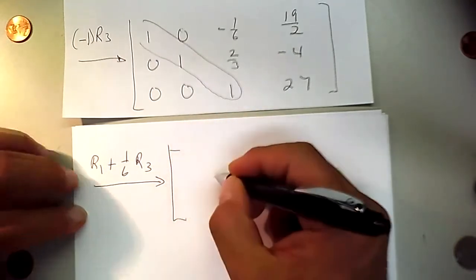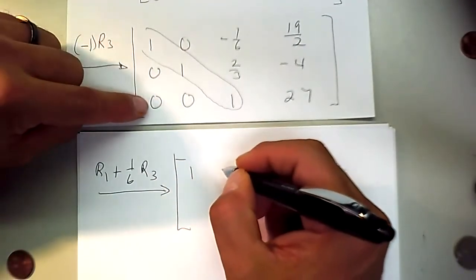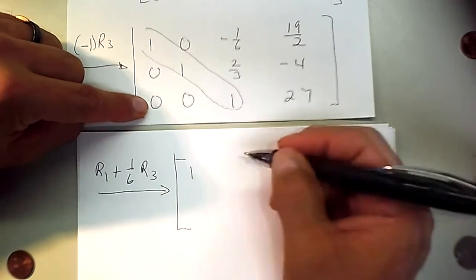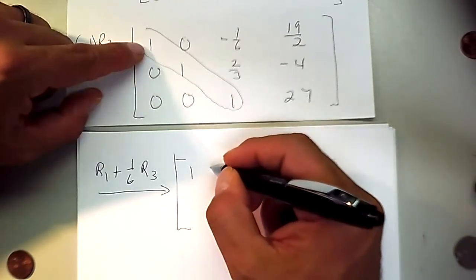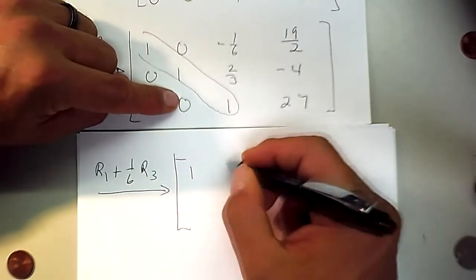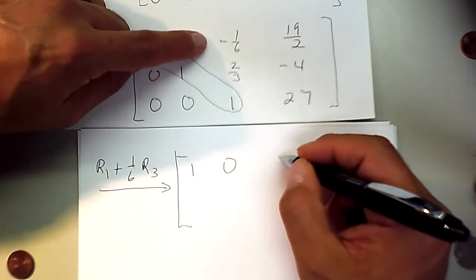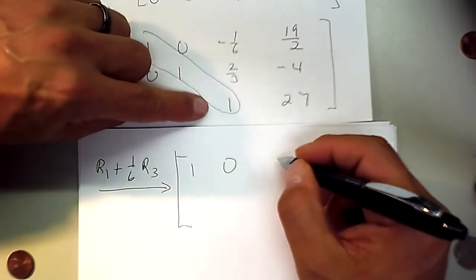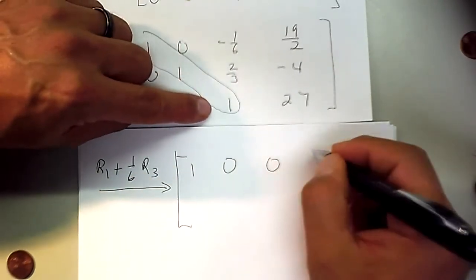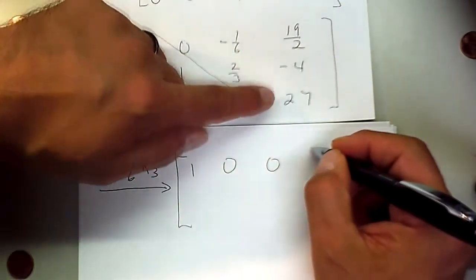So 1 plus 1/6 of that. See, that's why the 1 does not get affected, because there's a 0 here. 0 plus 1/6 of that. That doesn't change. We're good. Negative 1/6 plus 1/6 of 1, well, that's 0. 19/2 plus 1/6 of that.